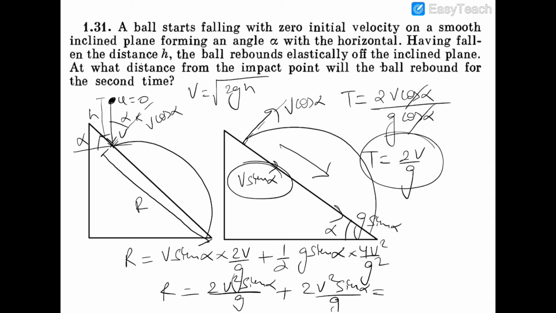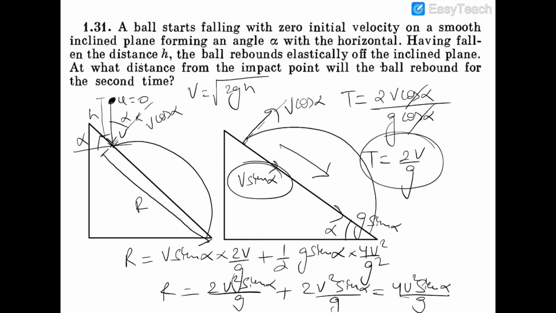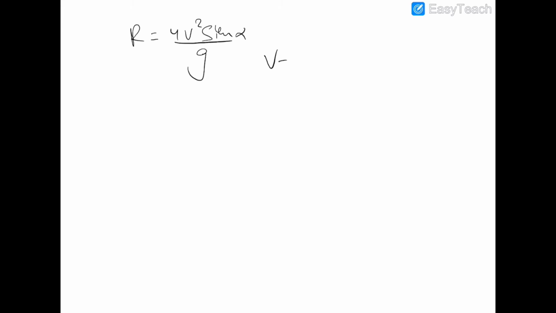So it would be equal to 4V square sin alpha by G, and the value of V is equal to under root of 2gh.